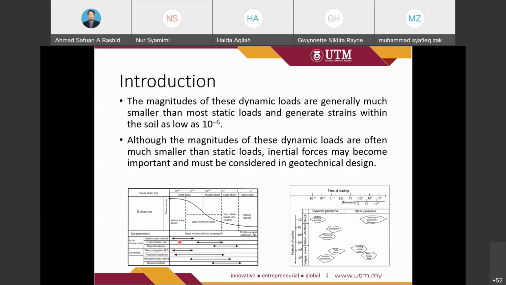If you want to go further, for example for your master project, you can use this device to obtain the shear modulus G and damping, and also to obtain the friction angle and the cohesion.